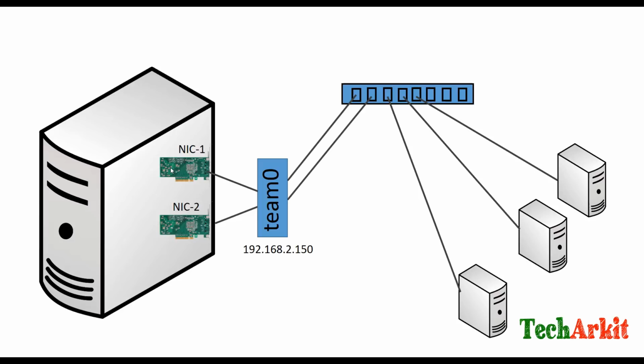Both the NIC cards work as slaves, which means that whatever configuration type you use, maybe a round robin mechanism, or a load balancing mechanism, or a failover mechanism, or a broadcast mechanism.